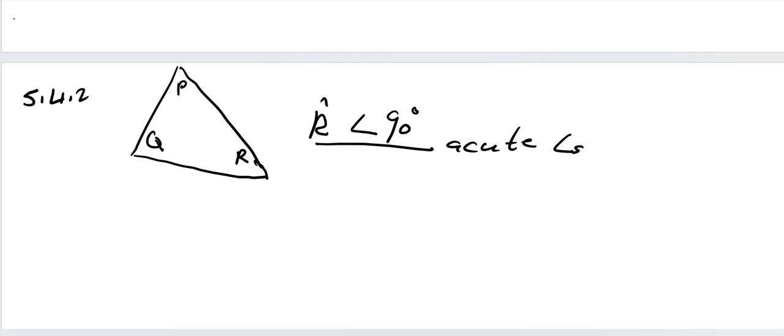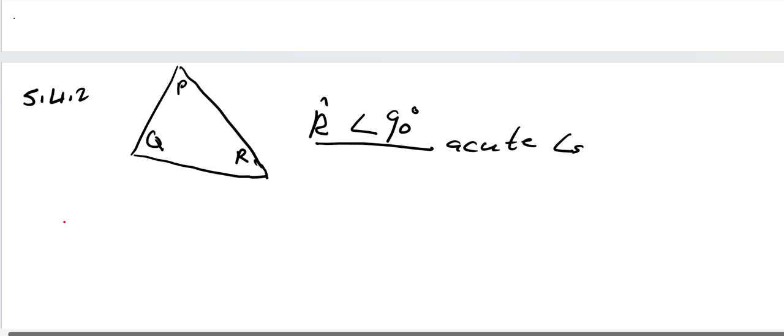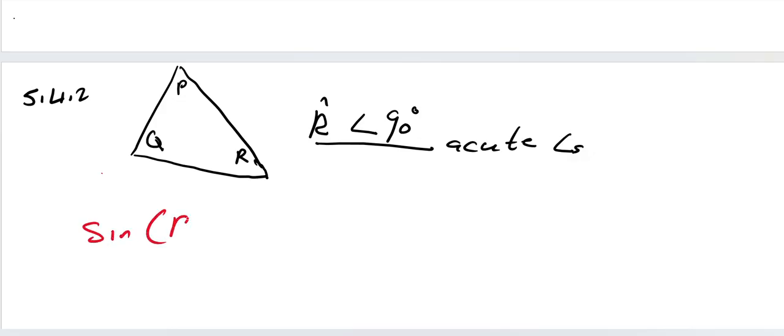So what do we know? Let me use a red pen. We know that sine of P plus Q is equal to 1 over 2. Even if you didn't manage to prove this answer in 5.4.1, you can answer it in 5.4.2.